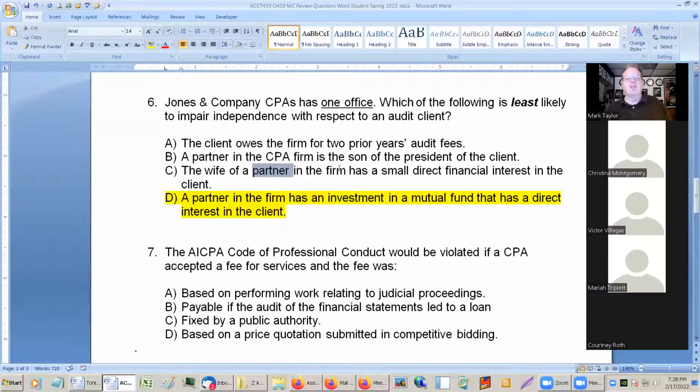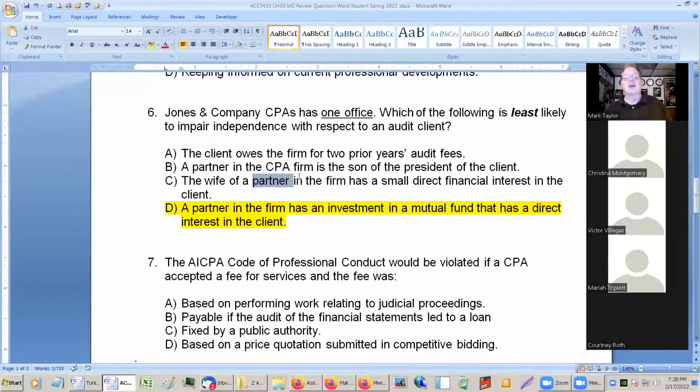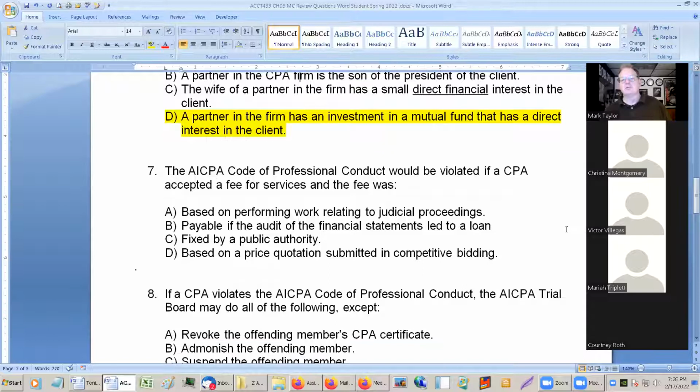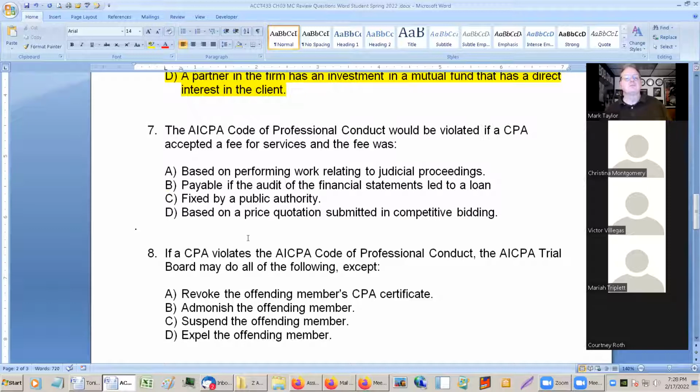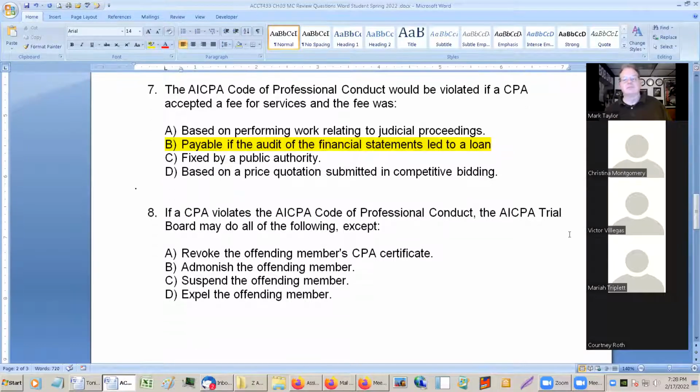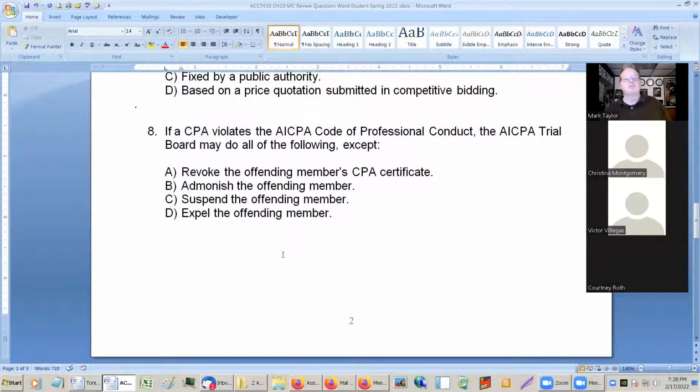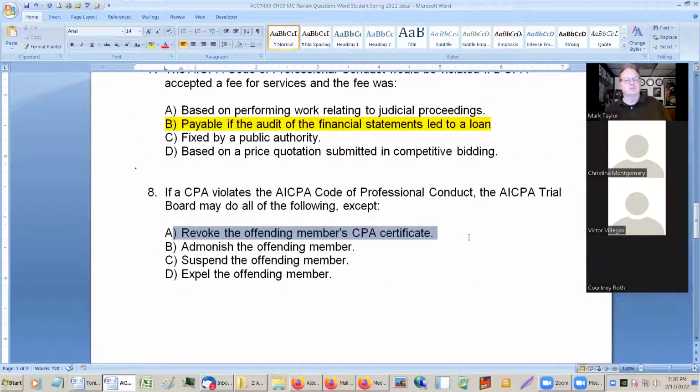So any partner in the firm will be in that one office, and a direct financial interest is a no-no. Yep, contingent. Yep.